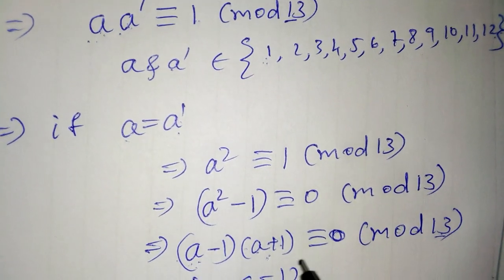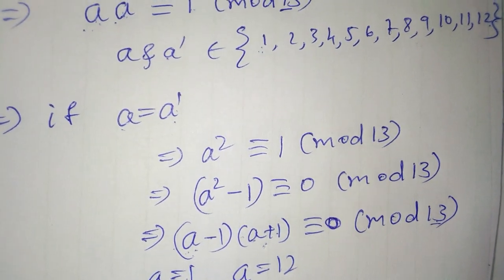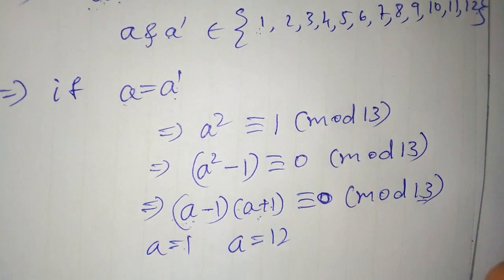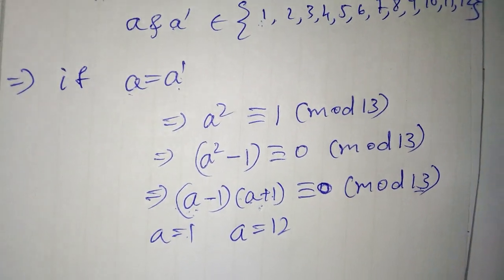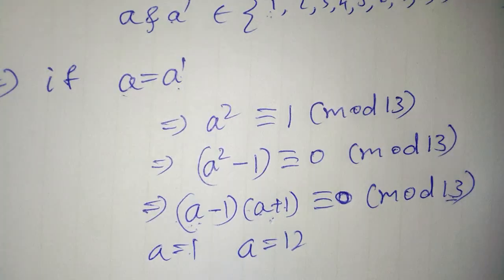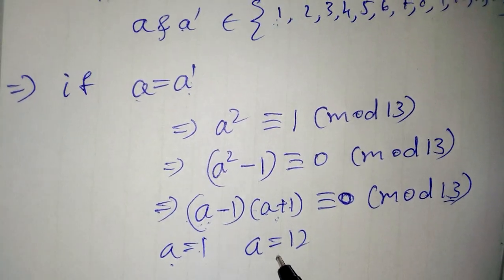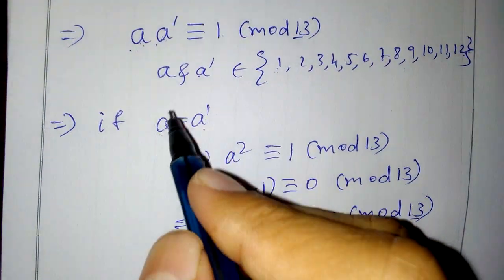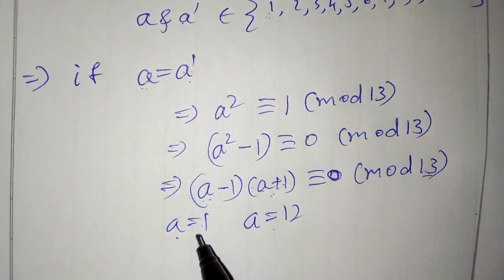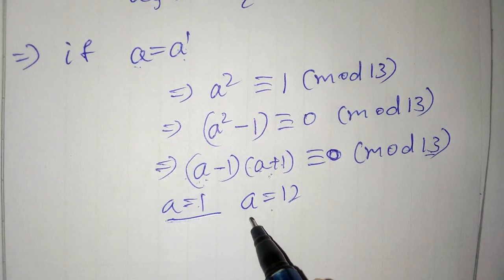So we also get remainder 0. If a number is completely divisible by another number, then we get remainder 0. So the suitable values are a is equal to 1 or a is equal to 12.